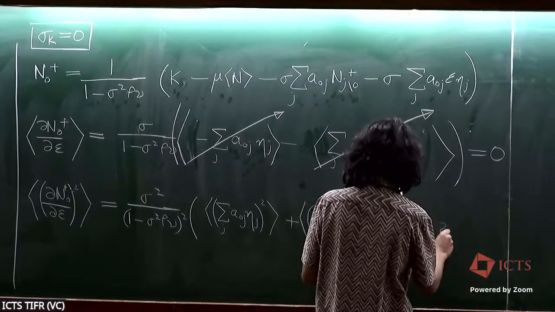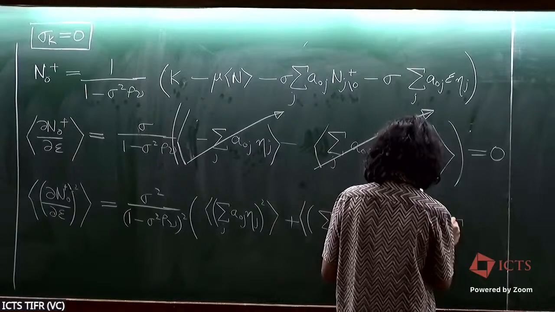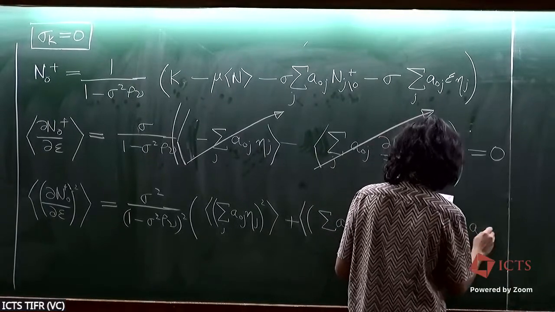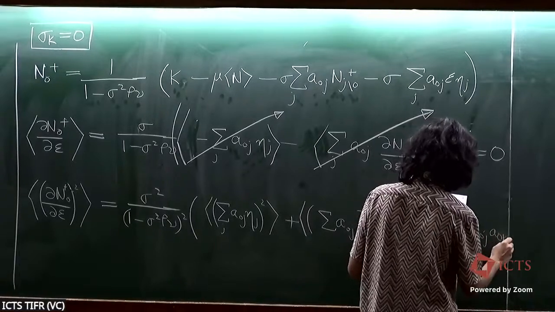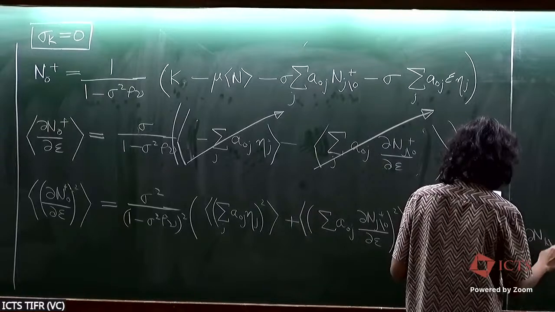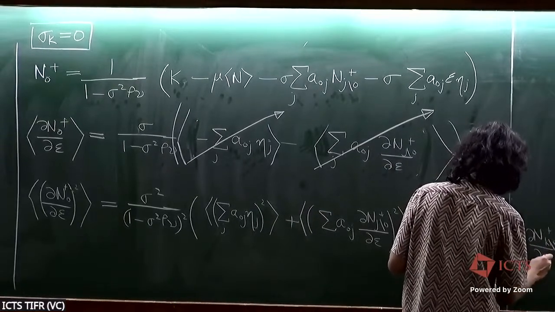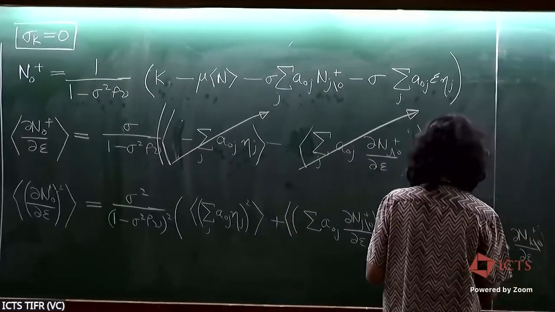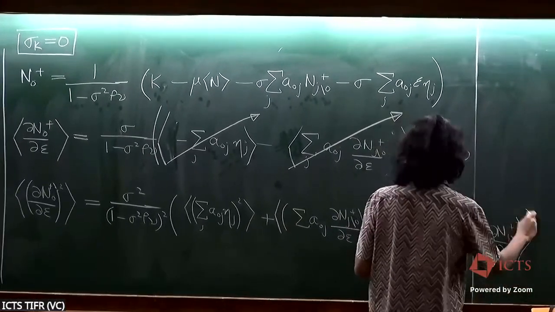So that's going to be twice sigma jk a0j a0k eta j d nk without 0 plus d epsilon. This one's not going to come with the square.